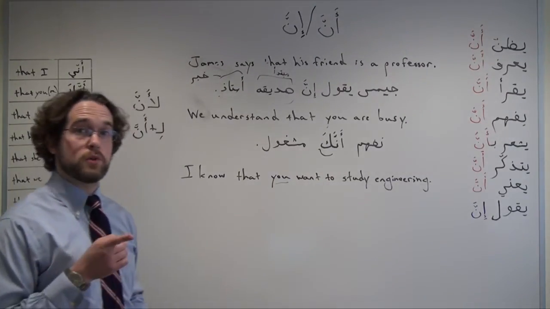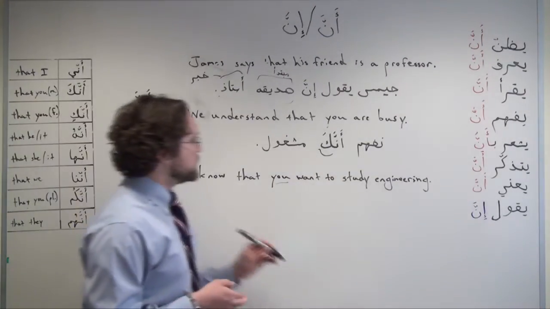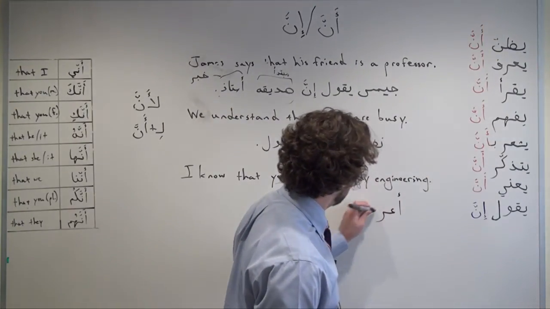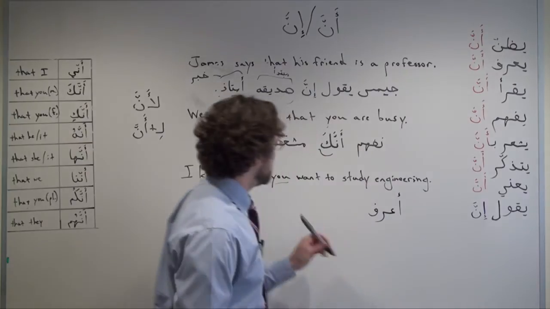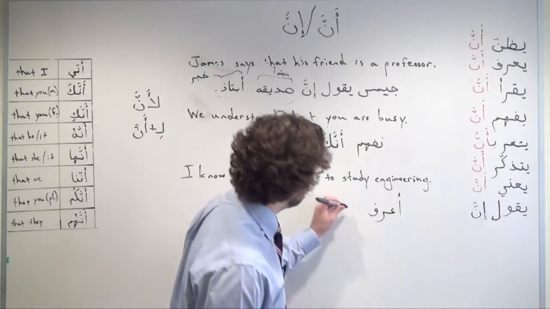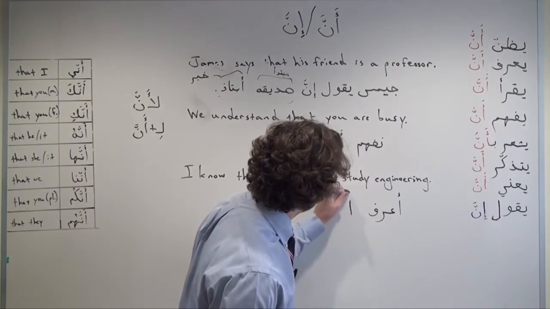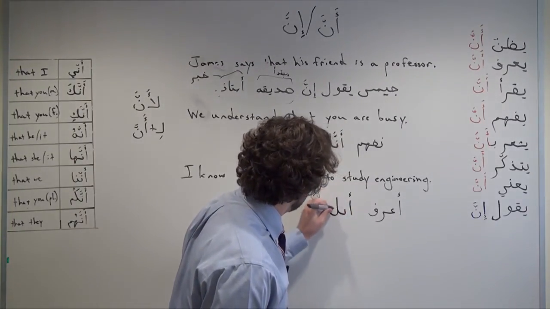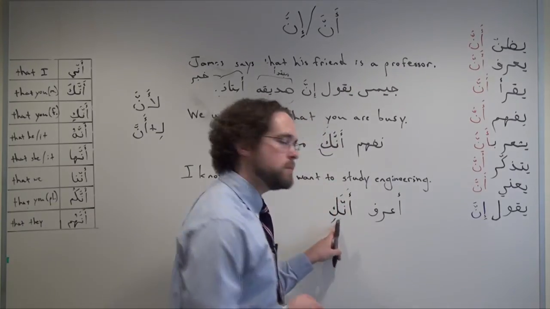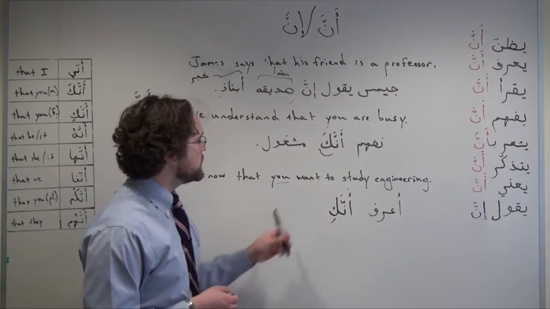Let's suppose that we're addressing a woman here. We would say أعرف, and then the that you, again we're going to need that suffix attached to anna. أعرف أنك, because we're talking to a woman.